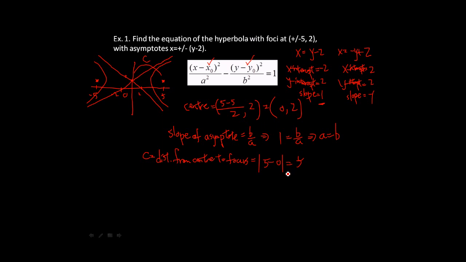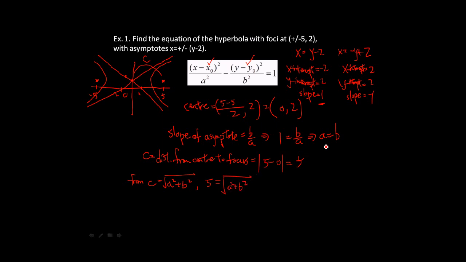Now with that, and the definition of c, we have c equals to square root. Now remember, it is a squared plus b squared instead of minus, as in an ellipse. So we know that 5 equals to square root of a squared plus b squared.